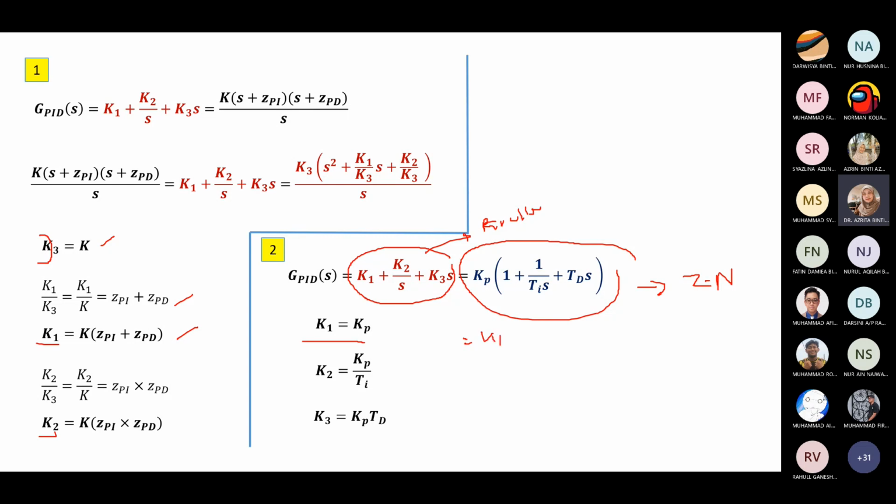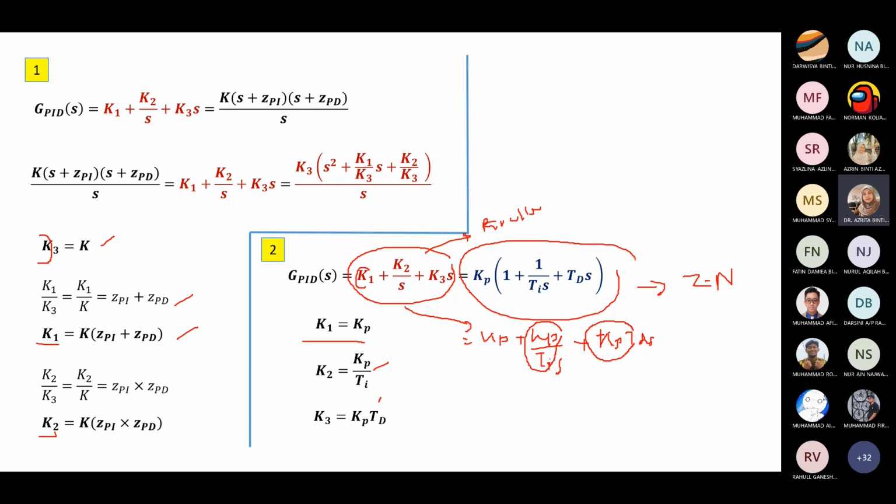When we expand it, it becomes Kp plus Kp over Ti S plus Kp multiplied with Td S. That's why K1 here is equal to Kp, K2 is equal to Kp over Ti, and K3 is equal to Kp multiplied with Td.